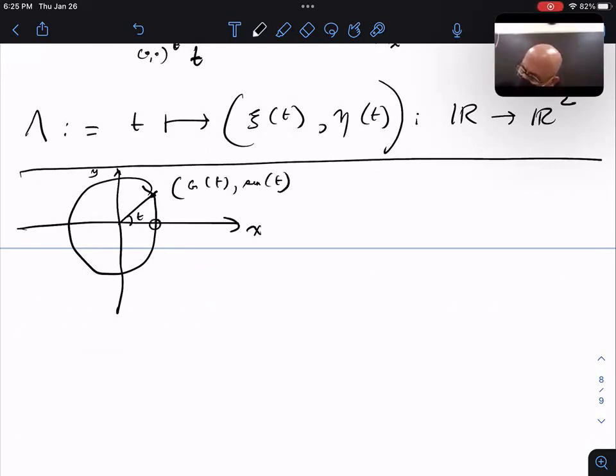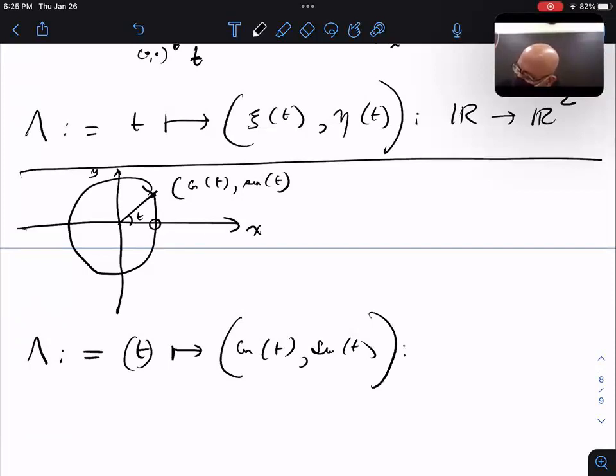And t, you go from 0 all the way to 2 pi. So in this case, lambda is equal to t going to cosine t, sine t, from 0 to 2 pi to R2.